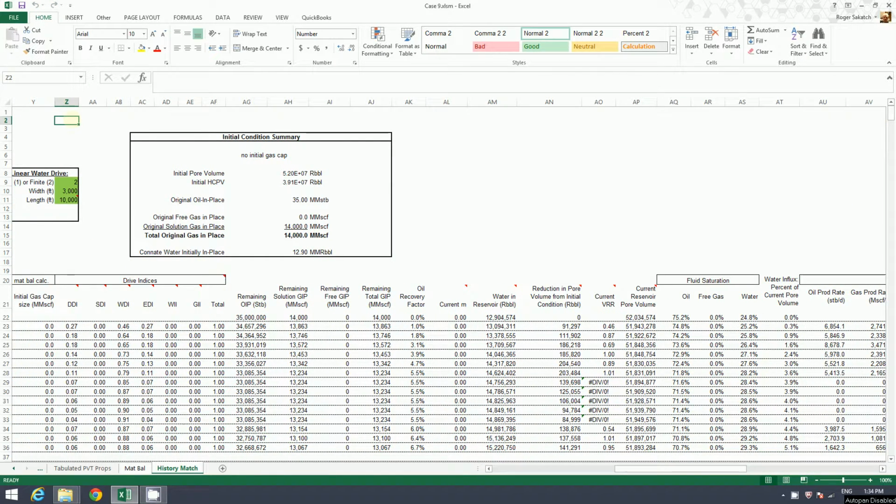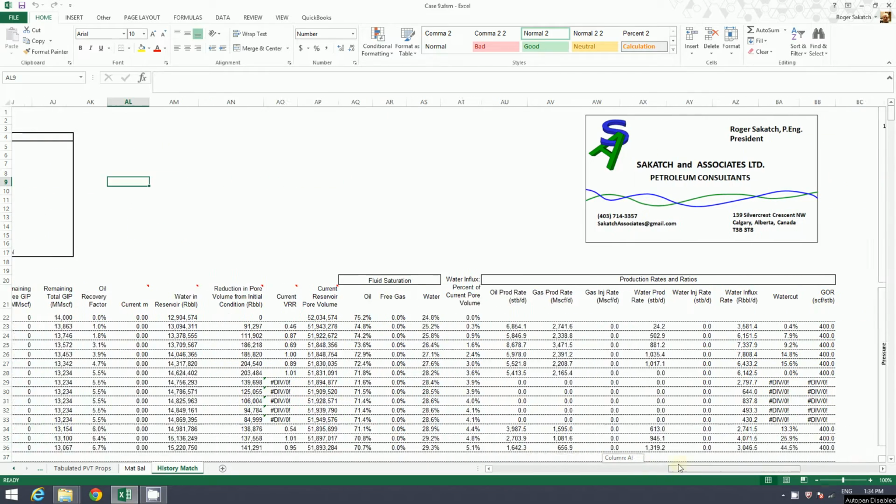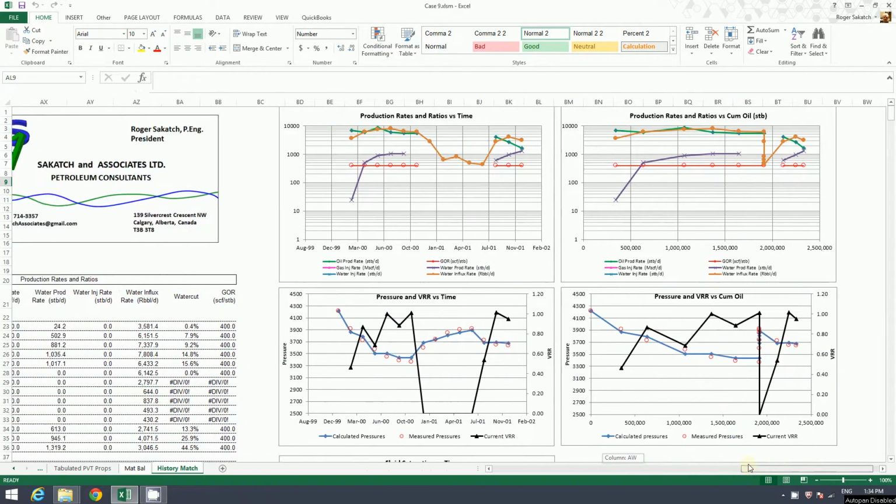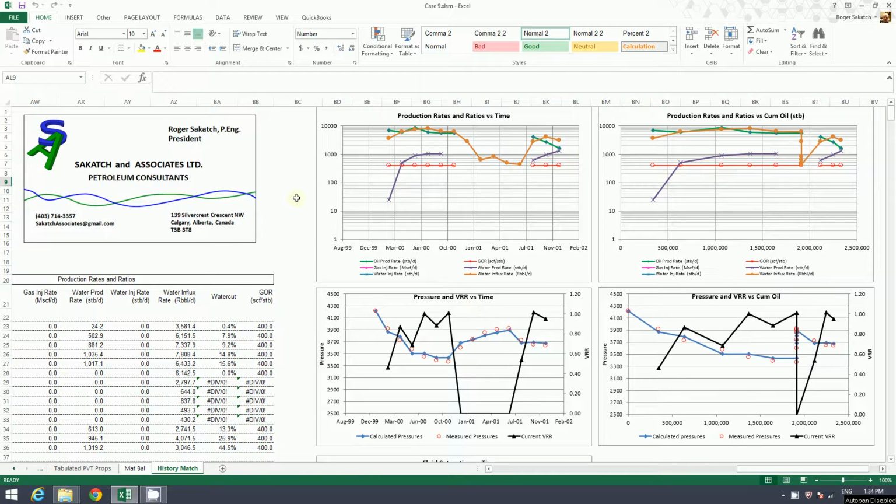And so to continue on, now that we have everything calculated, we can just roll to the right here of the spreadsheet, and we can see the results in graphical form. And here they are. So this particular plot right here shows the same production data that we had initially seen.